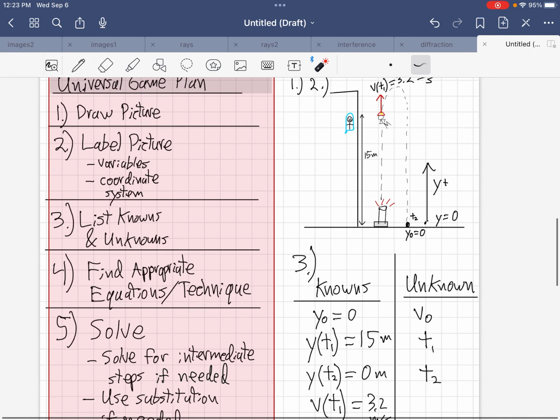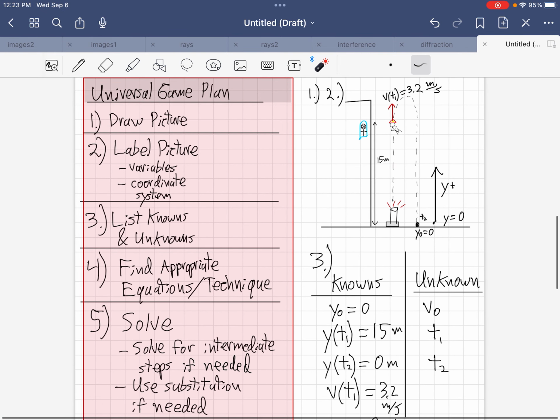Okay, now we want to start thinking about the knowns and unknowns. What's the initial position of the guy shot out of the cannon? Well, he starts on the ground, so it's 0. And what's his position when he's flying past our window at time 1? It'd be 15 meters. And what is his position when he hits the ground again at time 2? It'd be 0 meters, right?